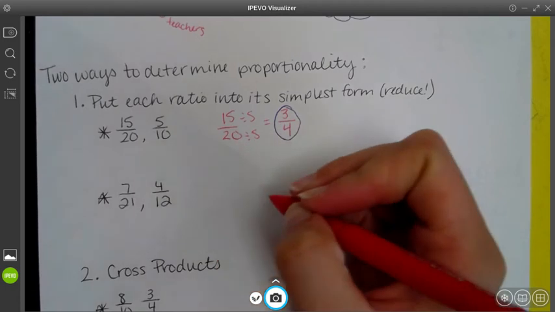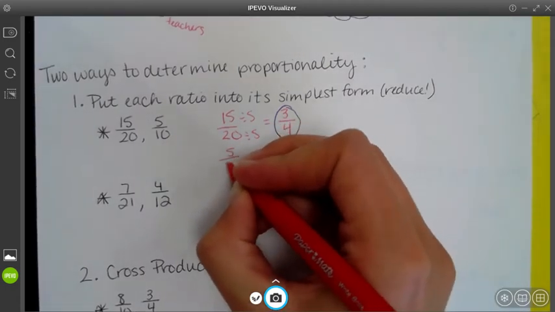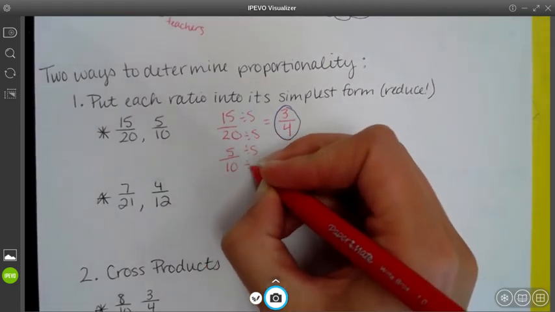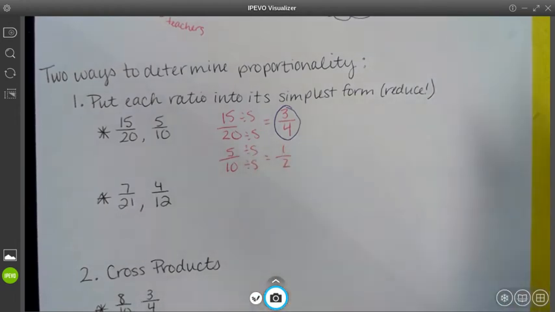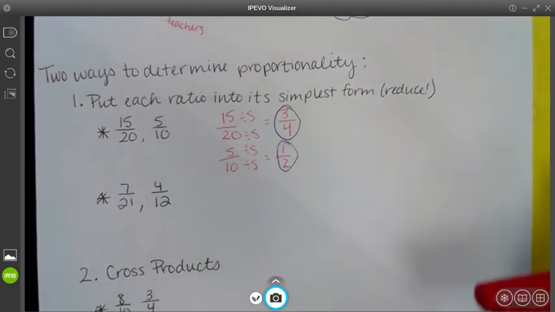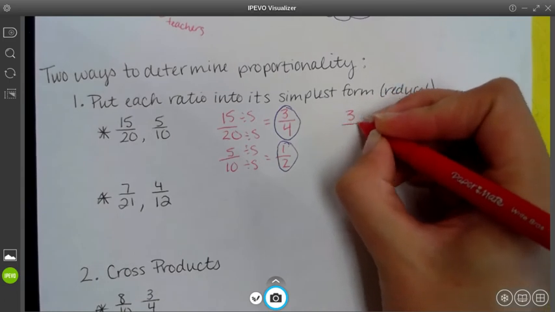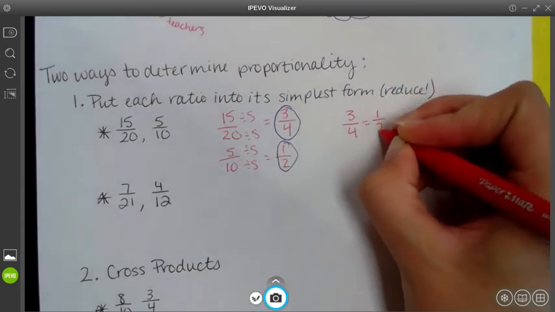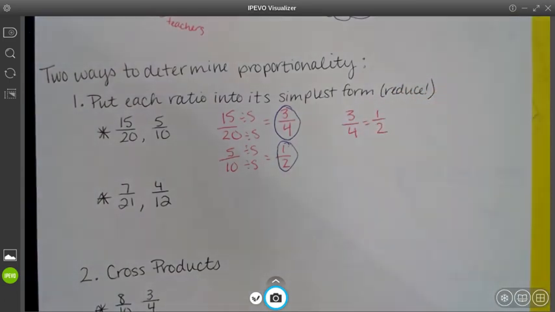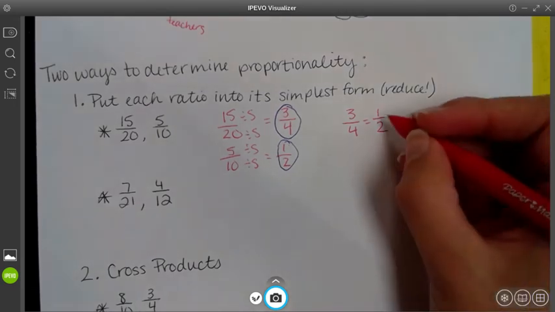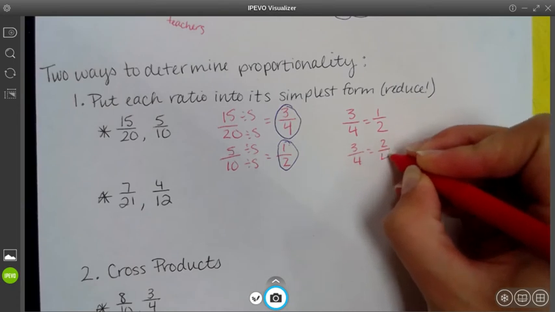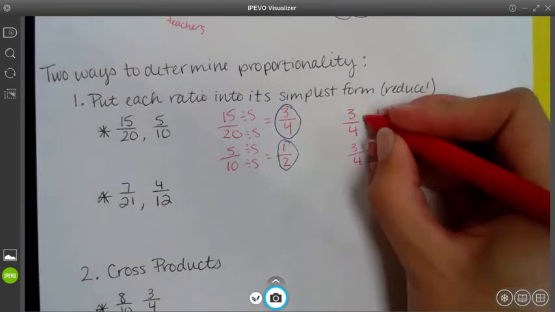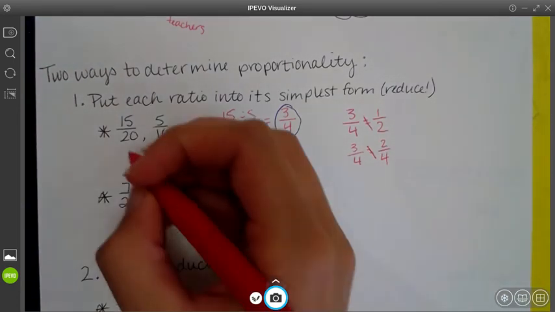And then the 5 over 10, those can both be divided by 5. 5 divided by 5 is 1, 10 divided by 5 is 2. There is my other reduced ratio. Now, does this form a proportion? Is 3/4 equal to 1/2? No, right? We can write 1/2 as 2/4. 3/4 is not equal to 2/4, so no, this is not a proportion.